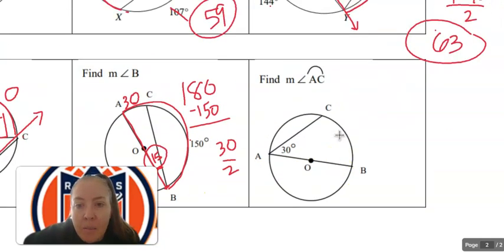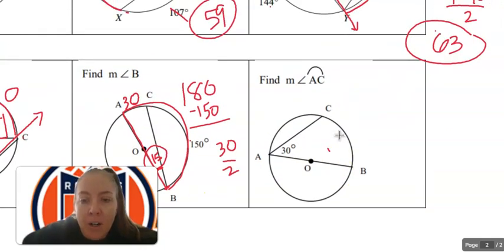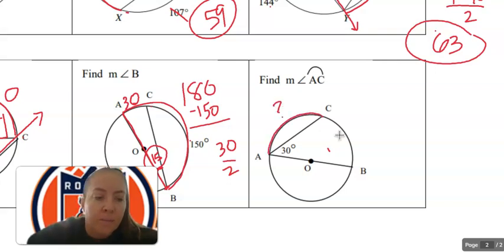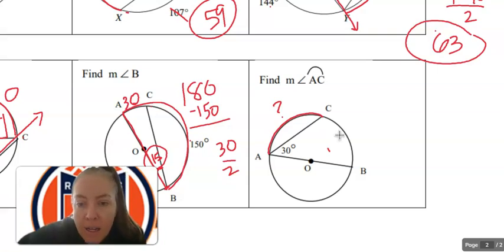And our last example, it says find the measure of arc AC. So I'm looking for this arc. All right, so we've got an inscribed angle of 30. If we double that, we can find the arc BC. So 2 times 30 is 60.